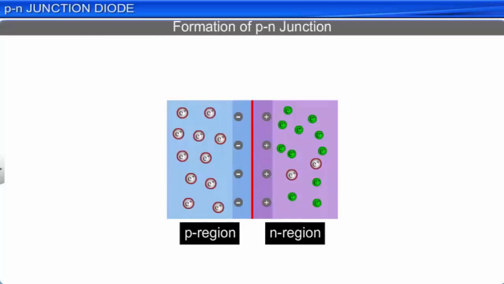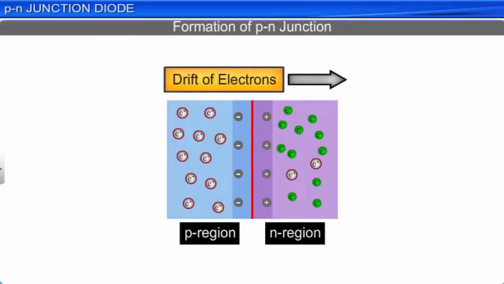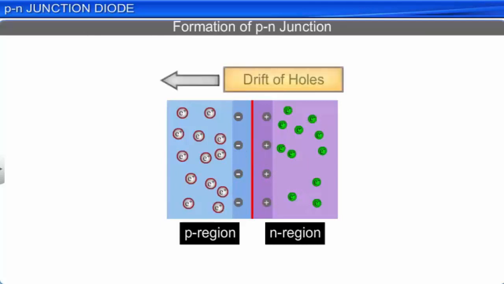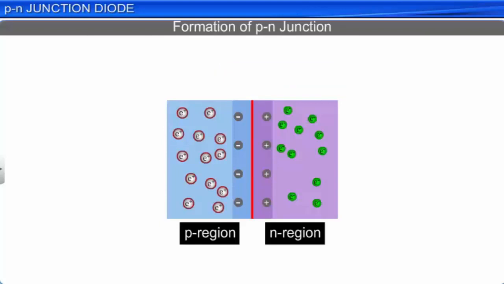Simultaneously, the electric field causes the holes in the n region to move to the p region. This is called the hole drift. This drift of minority charge carriers across the p-n junction creates a drift current that is directed from the n region towards the p region of the semiconductor.